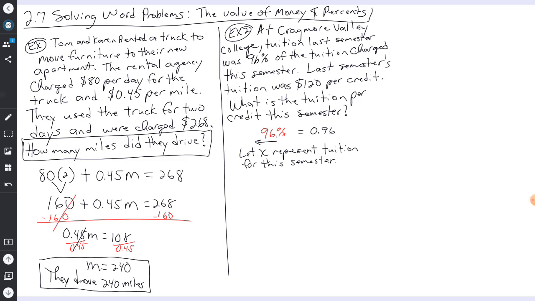So we're going to let x represent the tuition for this semester because we don't know that, right?